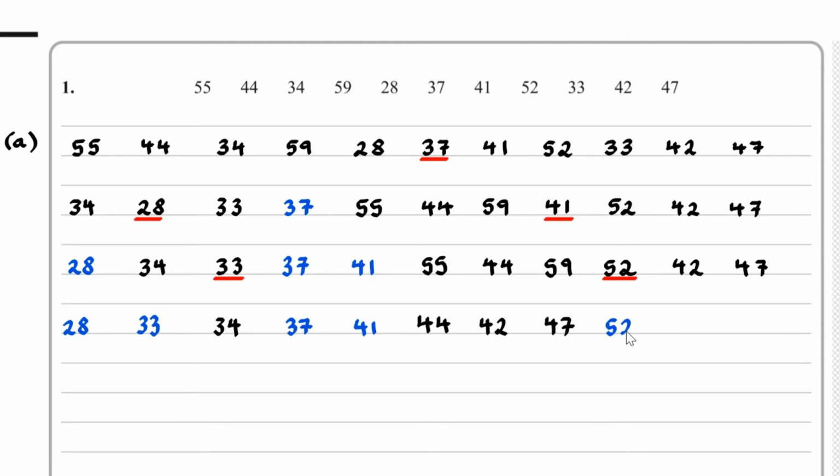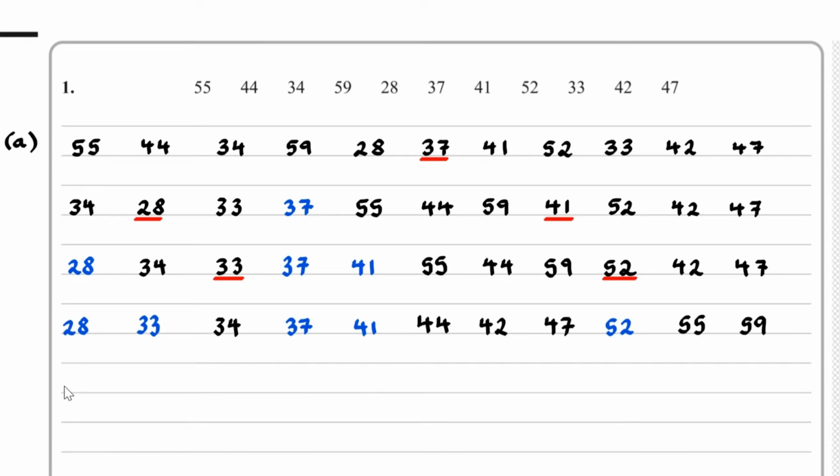So we've got 52 as our pivot, and then 55 is greater, and 59 is greater. We've got 1, 2, 3 sublists.